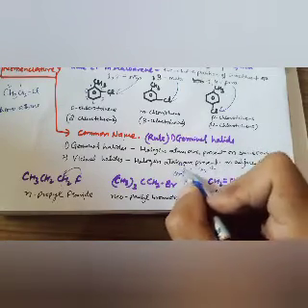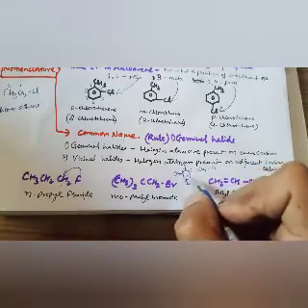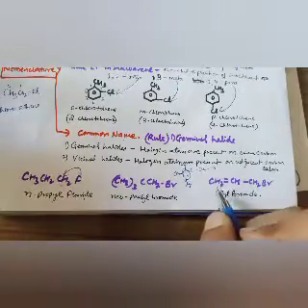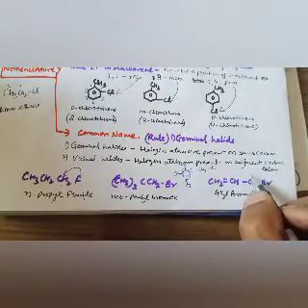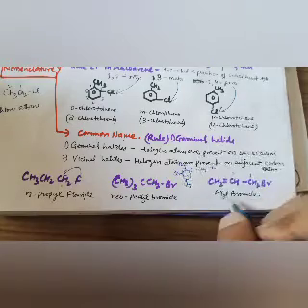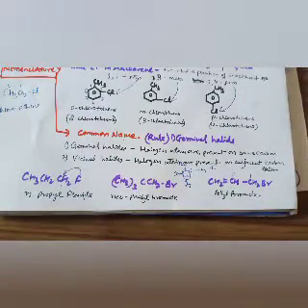Around this carbon there are alkyl groups, so it is called neopentyl. Allyl bromide is where at the alternate carbon there is a double bond with bromine, then it is allyl bromide. So this is the general rule.